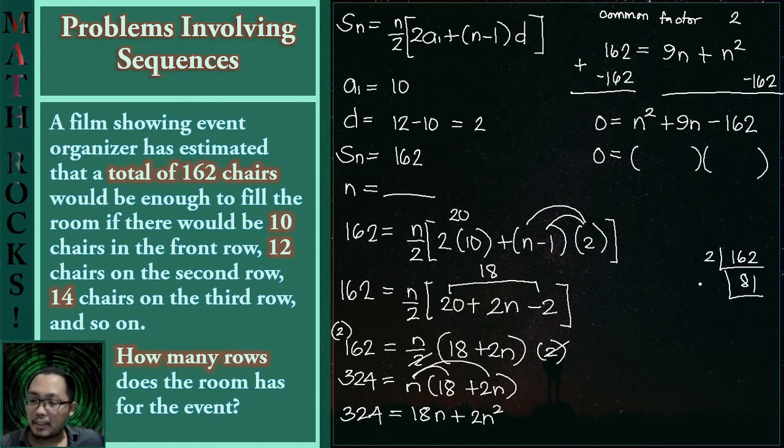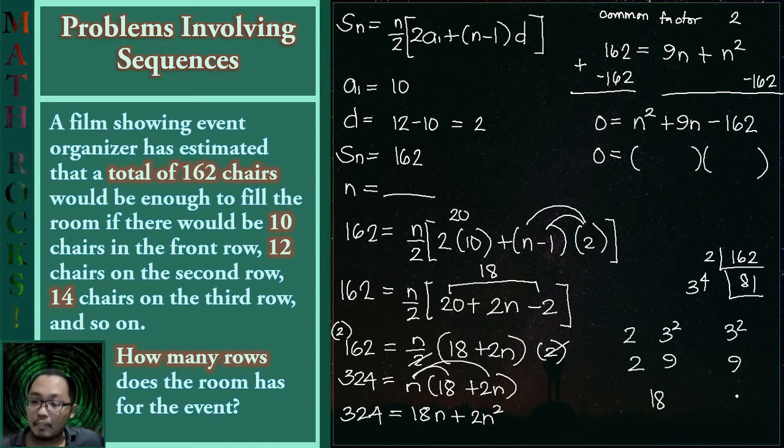And 81 actually is 3 raised to 4. So our goal is to have a pair of factors of negative 162 that gives us a sum of positive 9. And I guess we can simply have this be 3 squared is 9, having another 3 squared, which also is 9, and now multiplying the 2 with the 9 gives us 18, while this is 9. Okay, so 18 times 9 gives us 162.